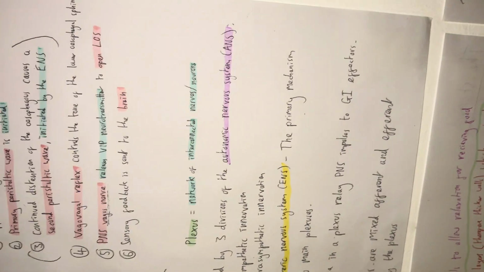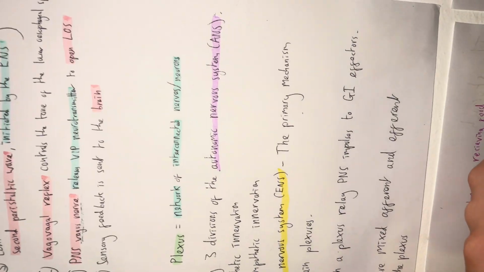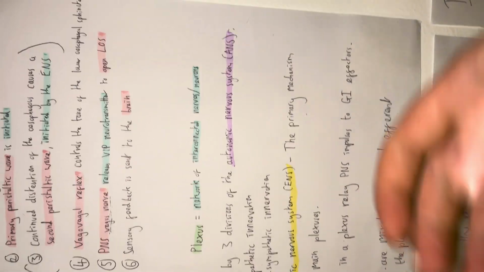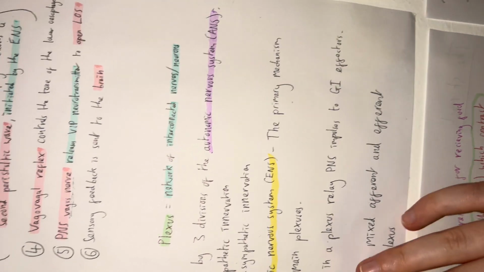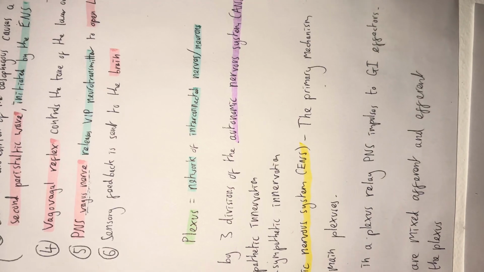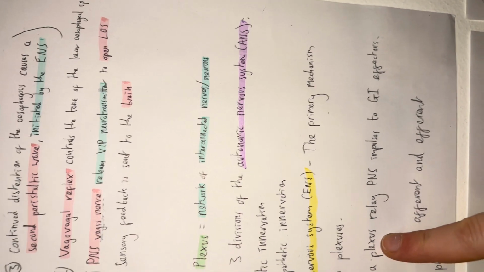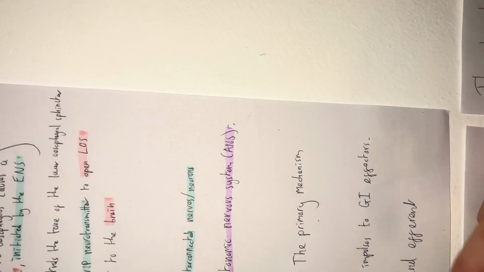And parasympathetic ganglia, so ganglia is also just like a ball of neurons basically. So a specific part of the plexus relays parasympathetic impulses to gastrointestinal effectors.